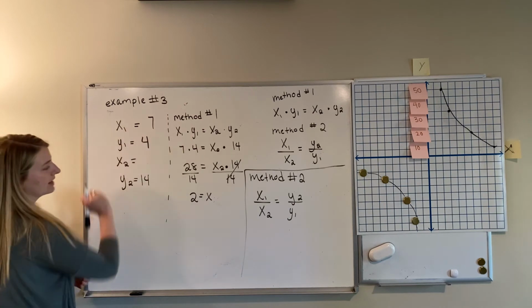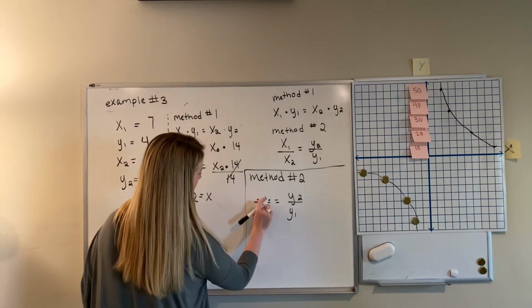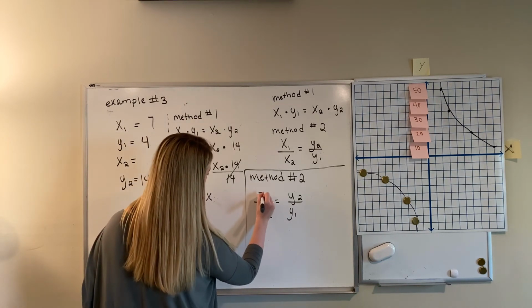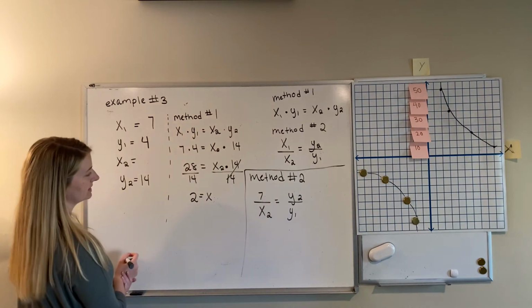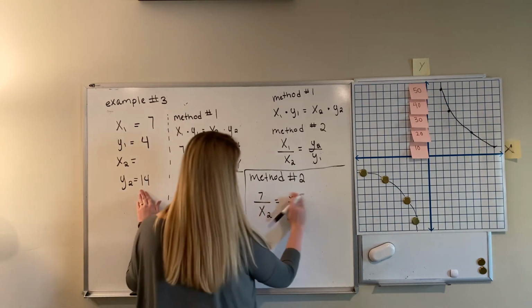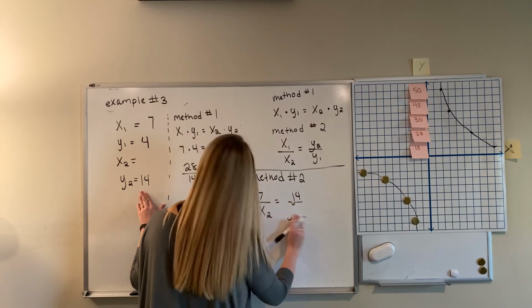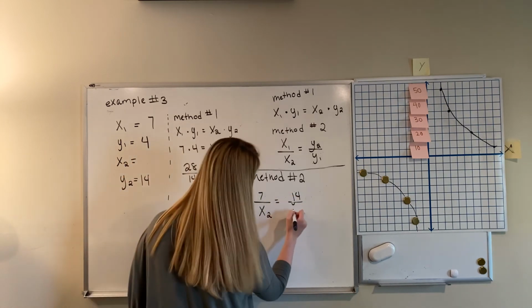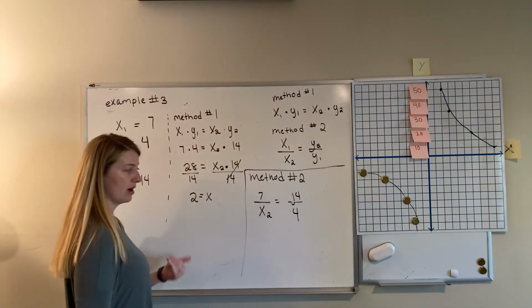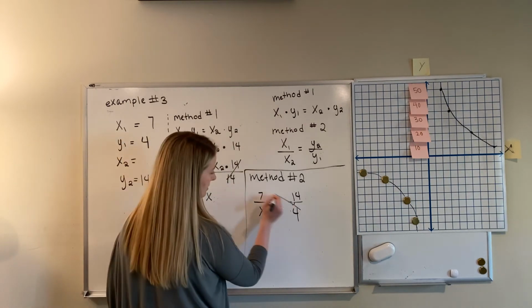Alright, so x1 is 7. We don't know x2, so that's staying here. y2 is 14. And y1 is 4.